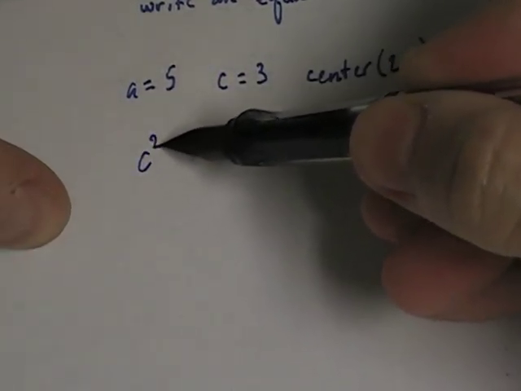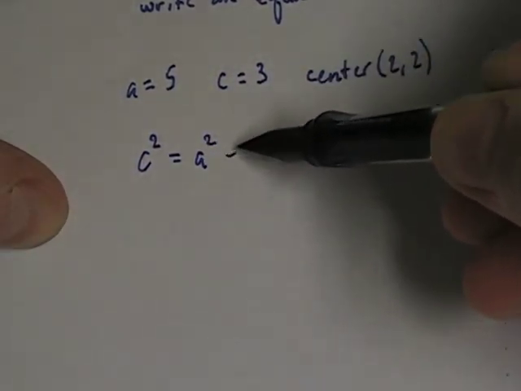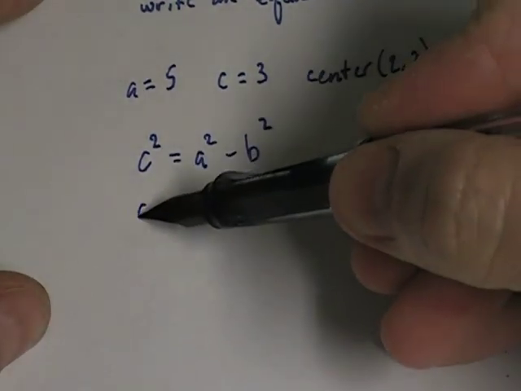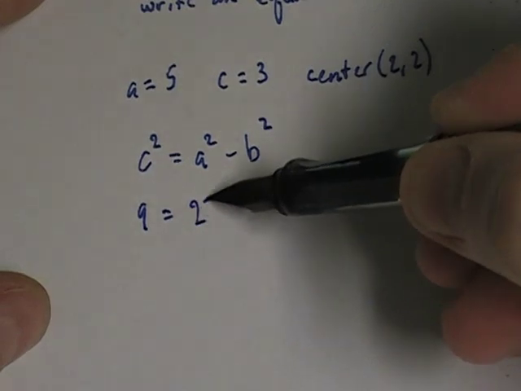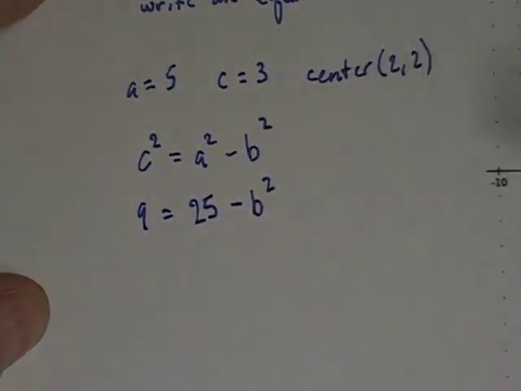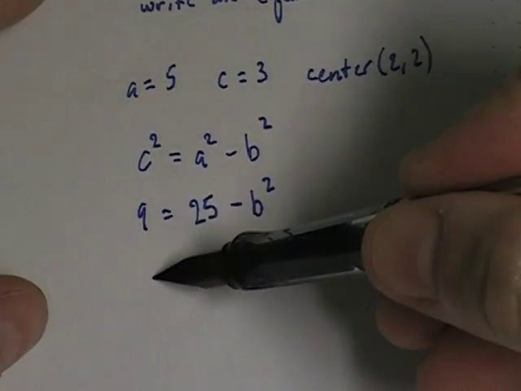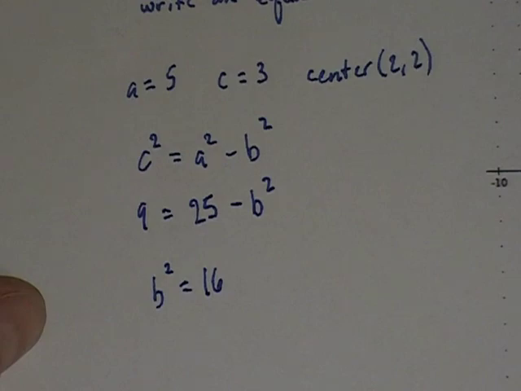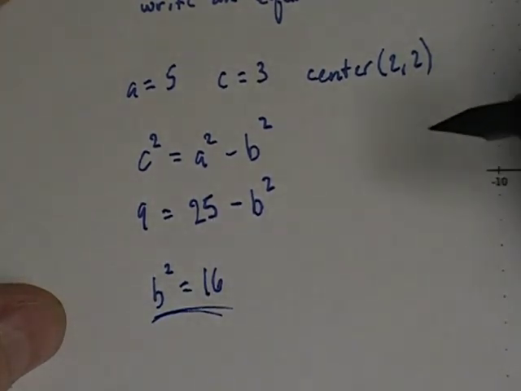It says C squared equals A squared minus B squared. So this is 9, this is 25, and we can solve for B squared. When we do that, we get B squared equals 16. Alright, so we're going to hang on to that.